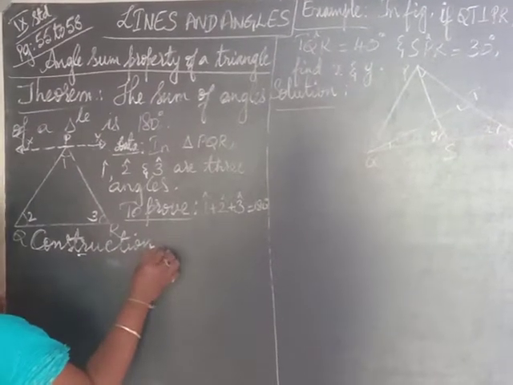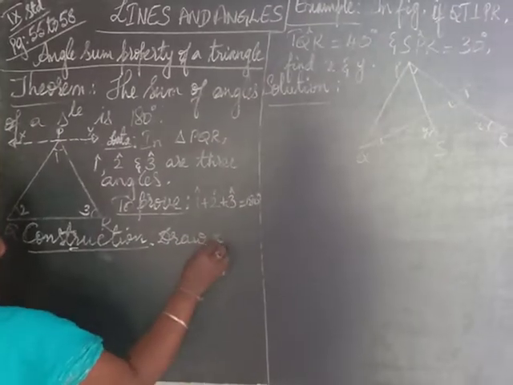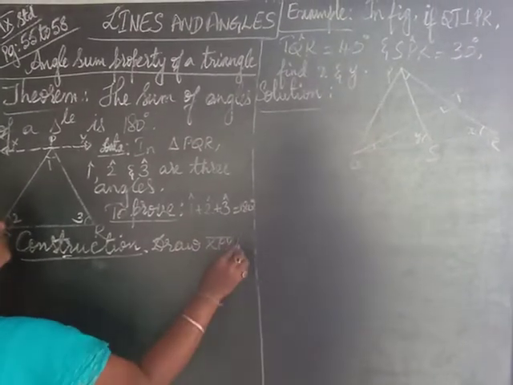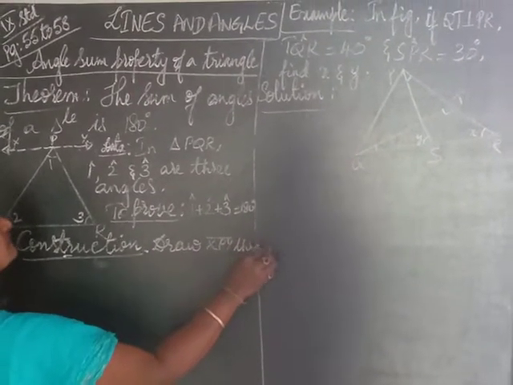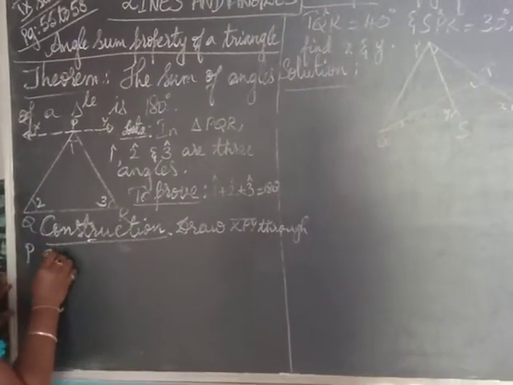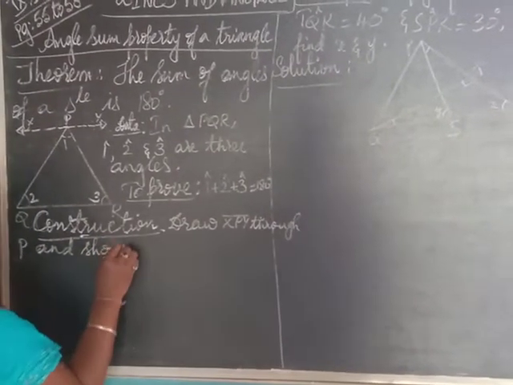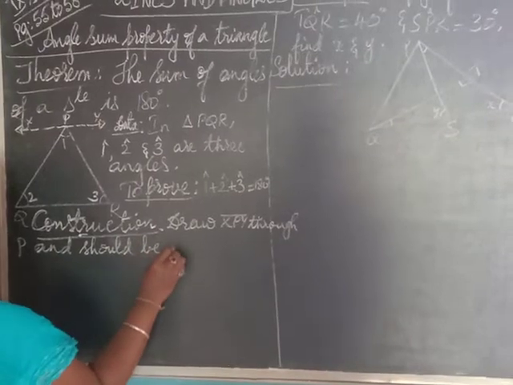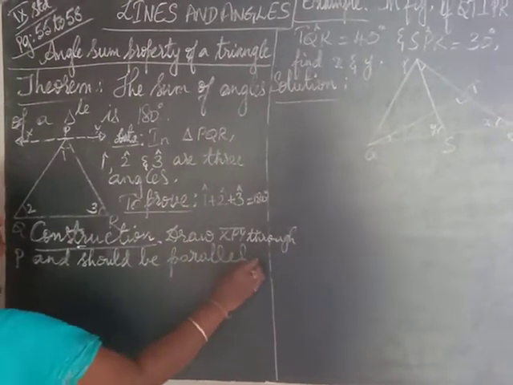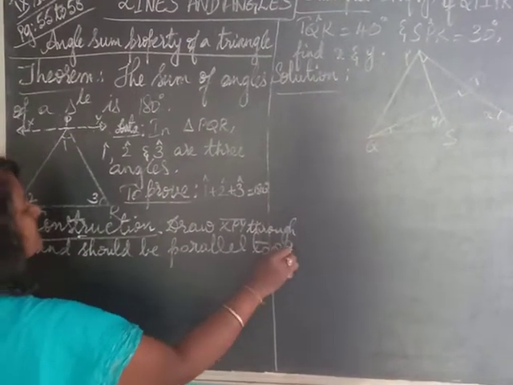Now what is the construction we did here? Draw XPY, a line through P, and it should be parallel to QR.